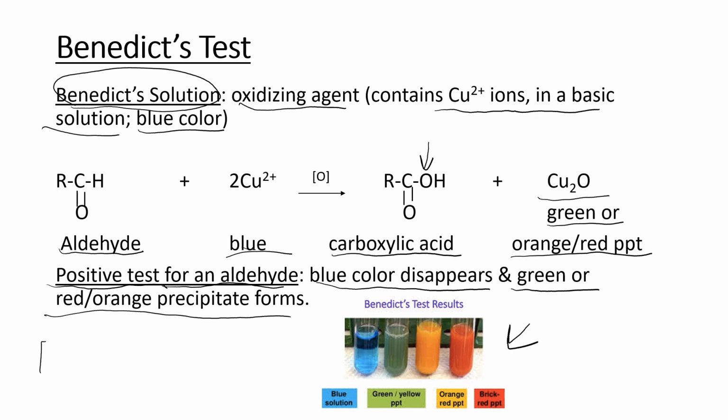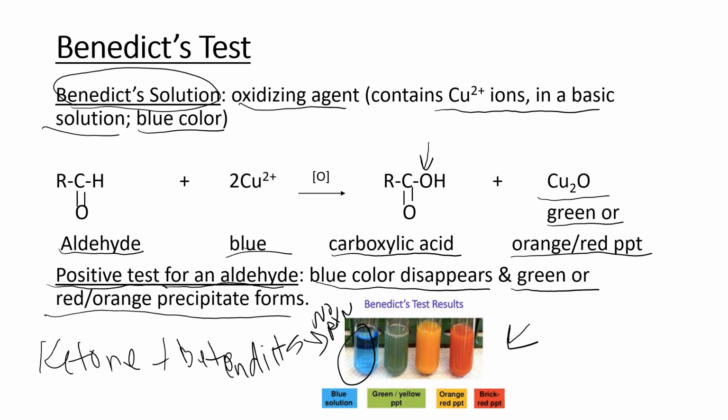Now a ketone, if you reacted it with the Benedict's, nothing would happen. So what you would observe is the blue color would stay blue. So that's how you would know that you had a ketone. And if you had aldehydes, you would see a color change.